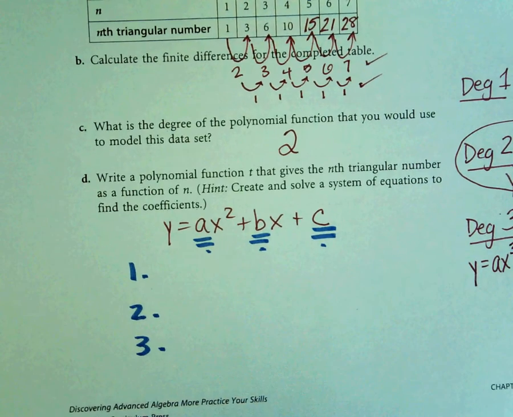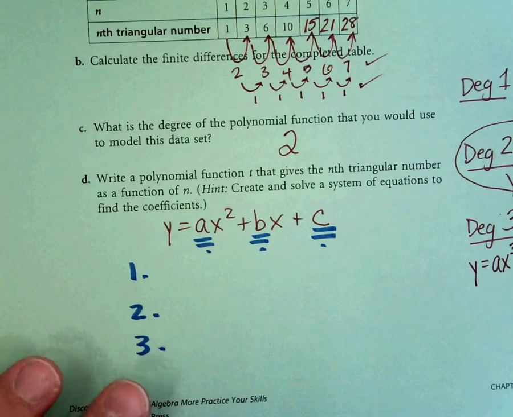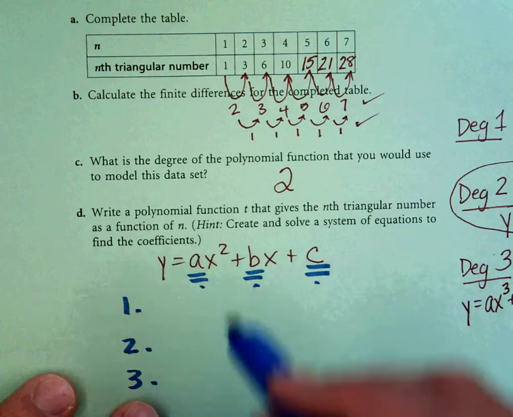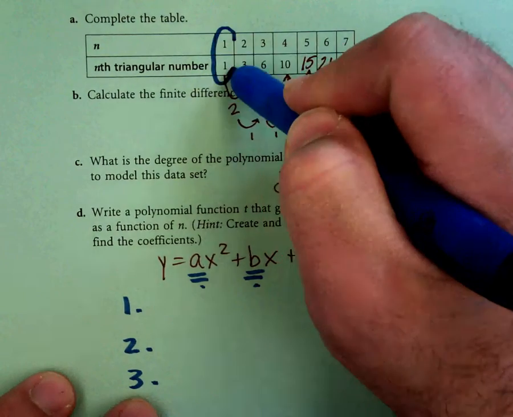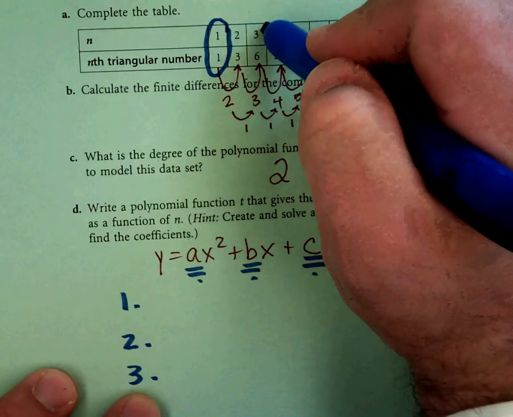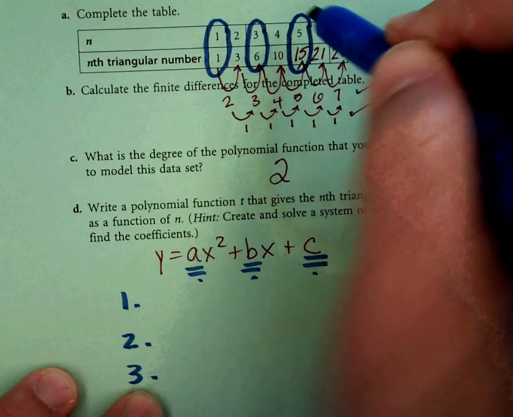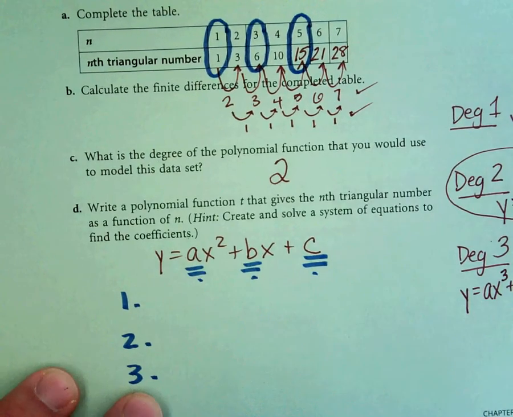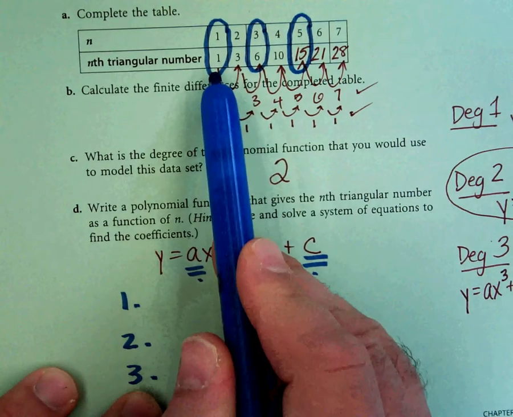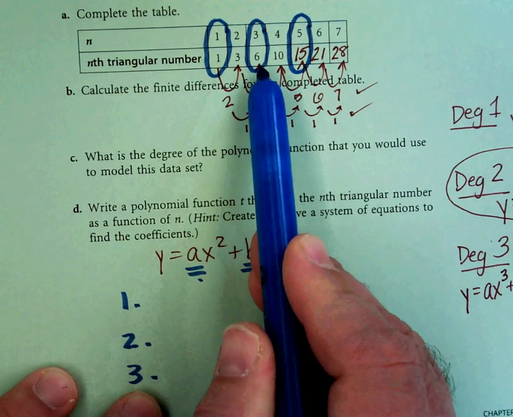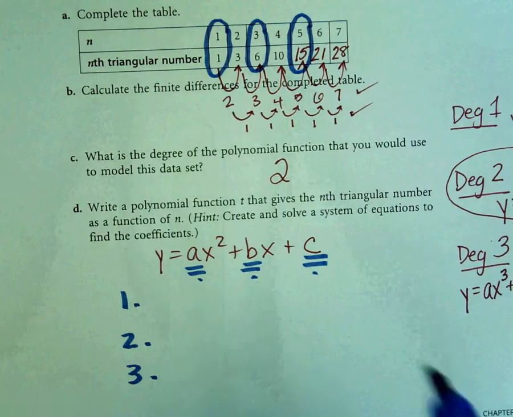So what we're going to do is take 3 points from the table above. Let's use 1, 1, 3, 6, and 5, 15. Why not? If you wanted to pick 1, 1, 2, 3, and 3, 6, you could. I decided to skip a couple.